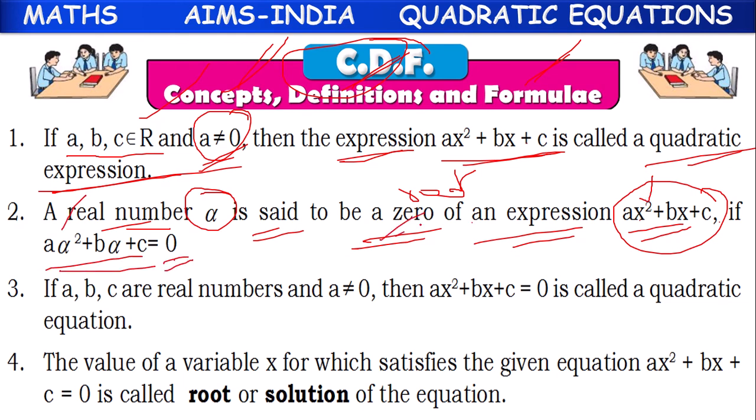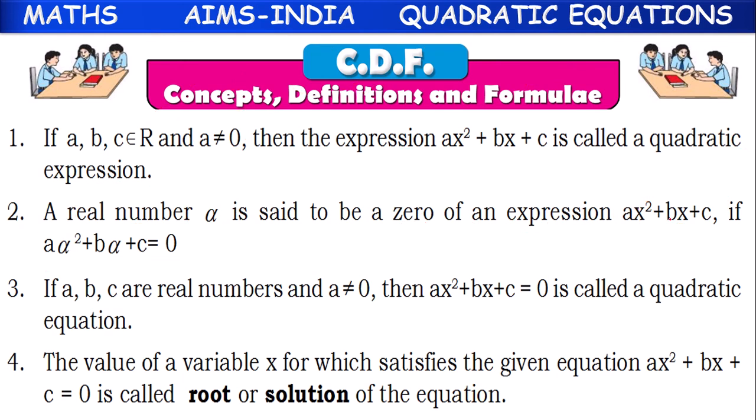That is, a alpha square plus b alpha plus c equal to 0, then alpha is called a root of this expression.